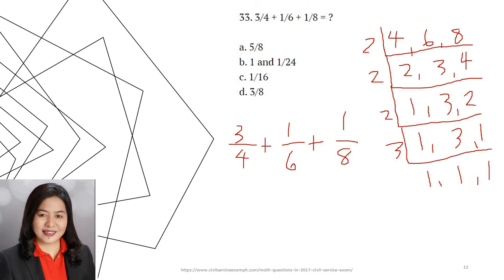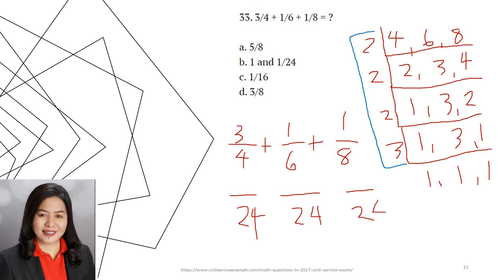So we will be multiplying 2 times 2 times 2 times 3. So that's 8 times 3 is 24. So we have 24. And we put the addition symbol. 24 is the least common denominator for fractions, and for whole numbers we call it the least common multiple.